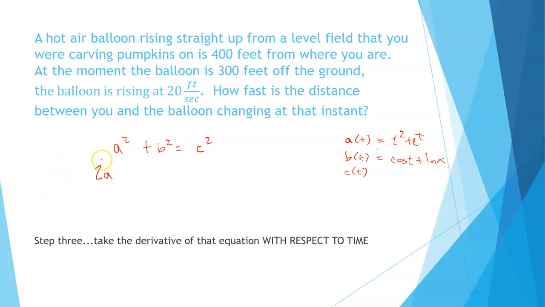I would bring the 2 down, leave the inside part alone, and then multiply that by the derivative of what is on the inside. So in this case, that would be the derivative of A with respect to time. Then I would do the same thing with the next part, and the same thing with our third function, and that would be our equation.